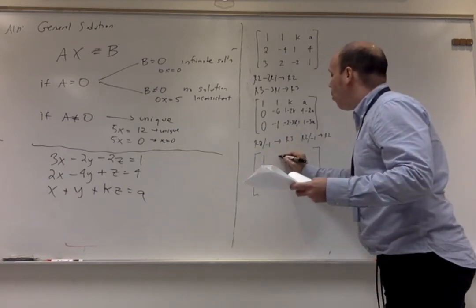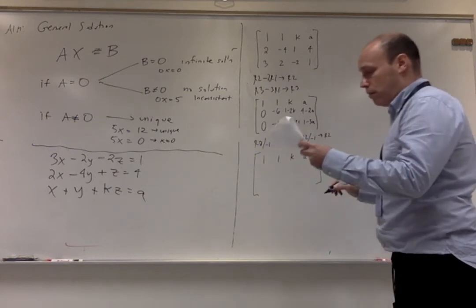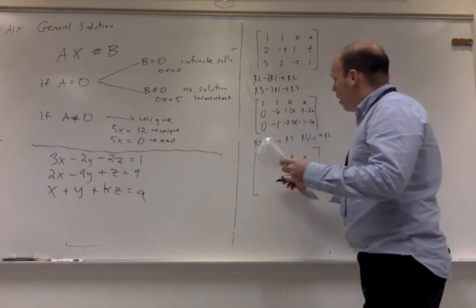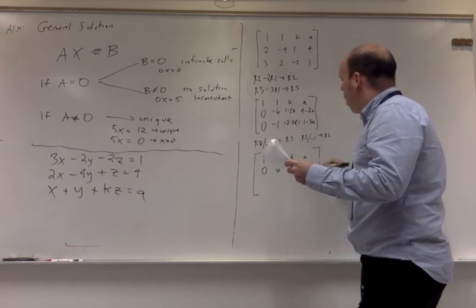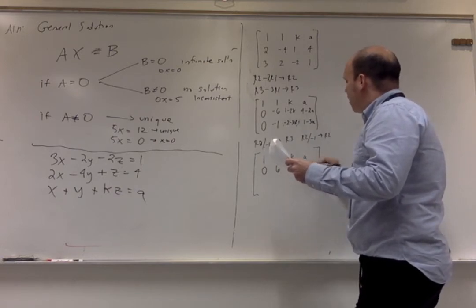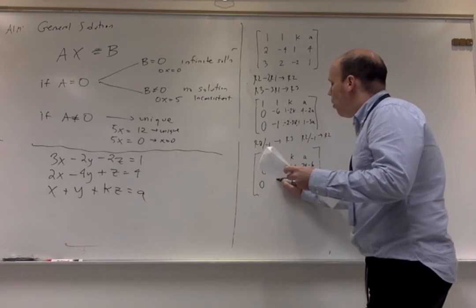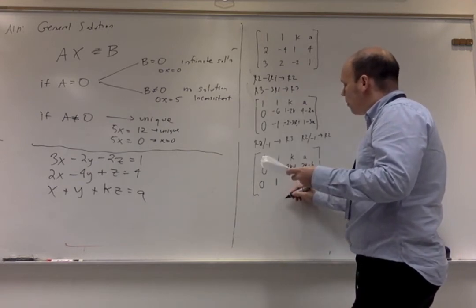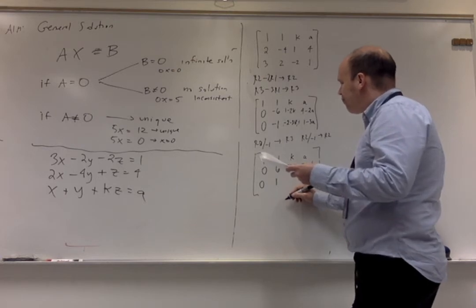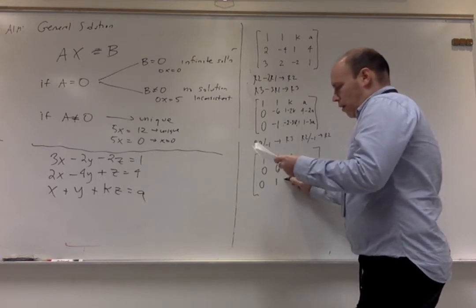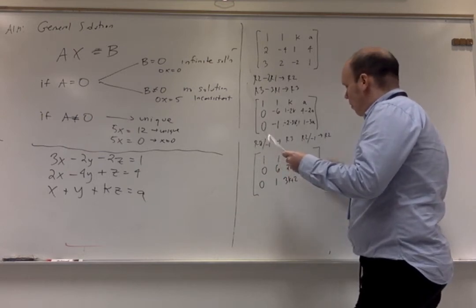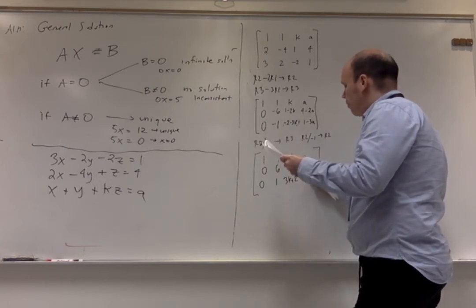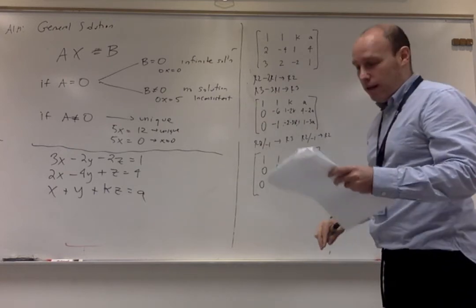Okay, 1, 1, K, A. Then 0, 6, 2K minus 1, 2A minus 6, and then 0, 1, 3K plus 2, 3A minus 1. Okay, last thing.